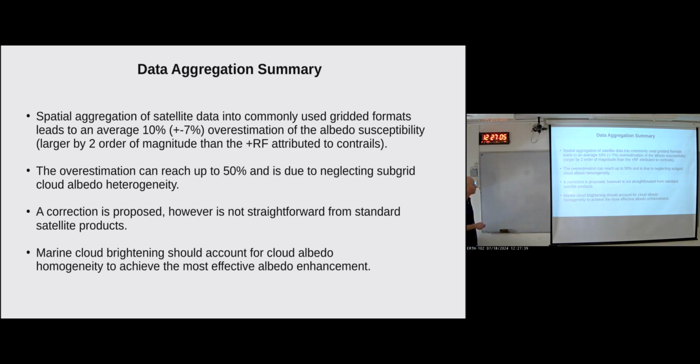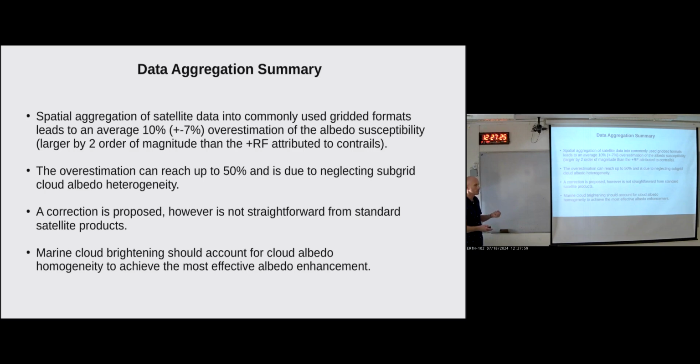And also, this is important for marine cloud brightening. In Europe, it's more conservative when talking about marine cloud brightening, but in the US, there's a lot of study about that. If we want to operate cloud brightening, we need to have a forecast of the clouds in different locations, to see if they fit for cloud brightening.